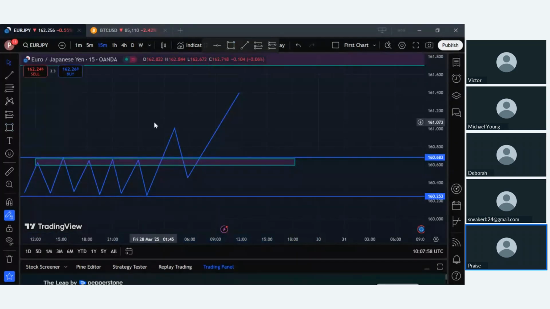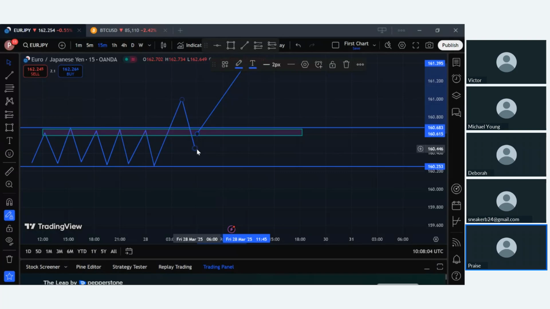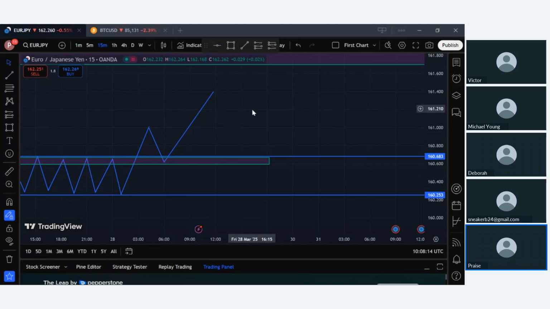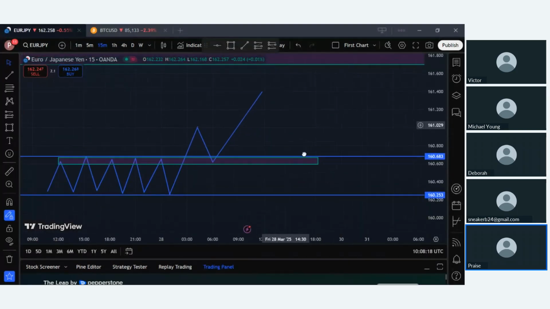So you want to mark this point as a resistance zone. The market most times will just come back to that zone. Sometimes it will dip and then retrace. Then you can look for confirmation to take the entry to the upside. So these are the ways that you can combat such.